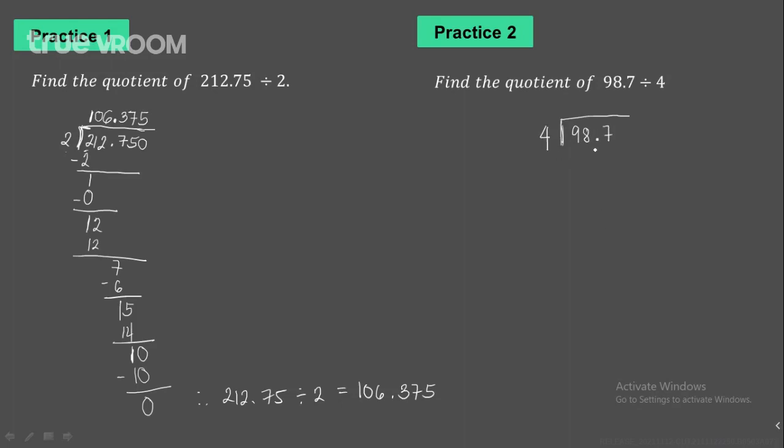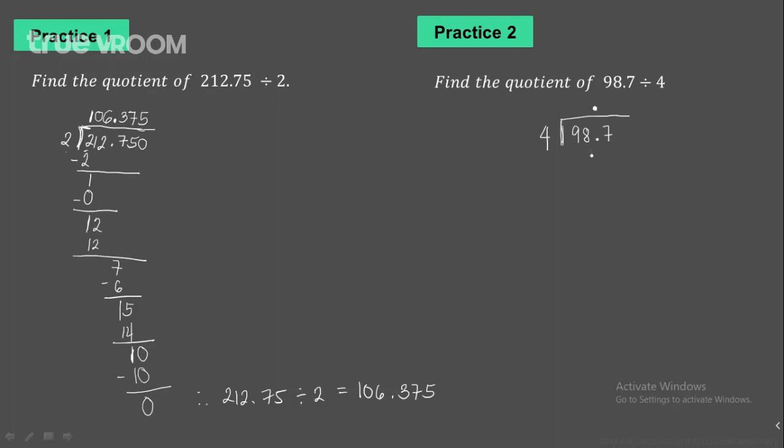Okay, so first you need to align the decimal point. So here is your decimal point. I am going to write the decimal point right above here. This is your decimal point on your quotient.